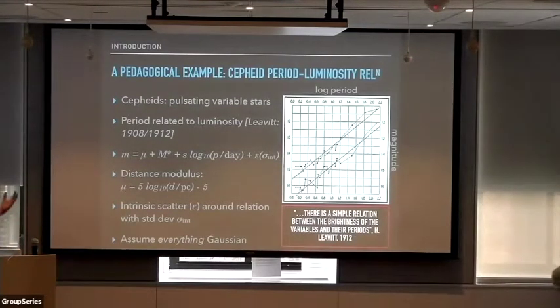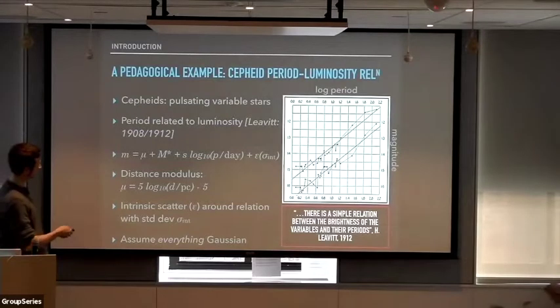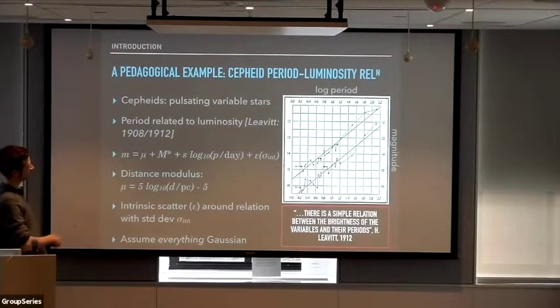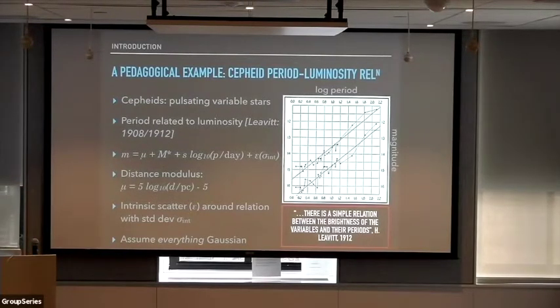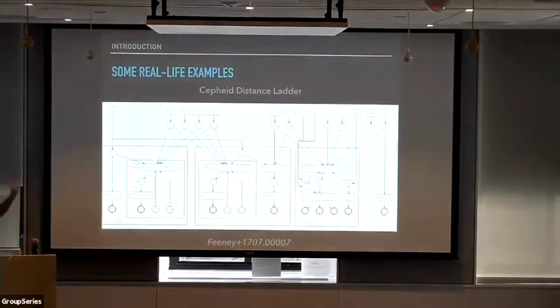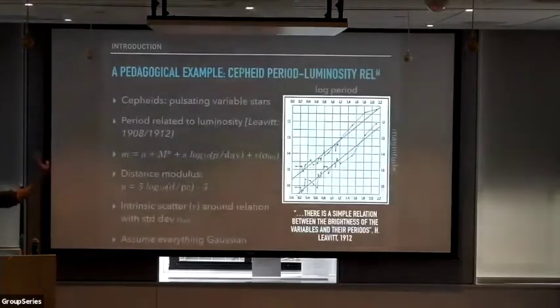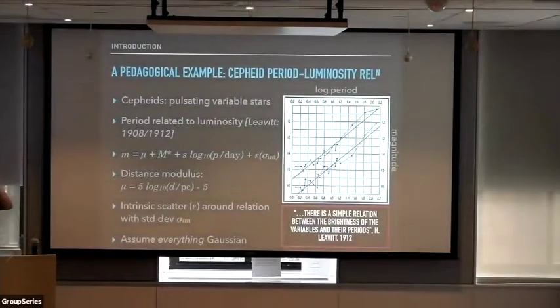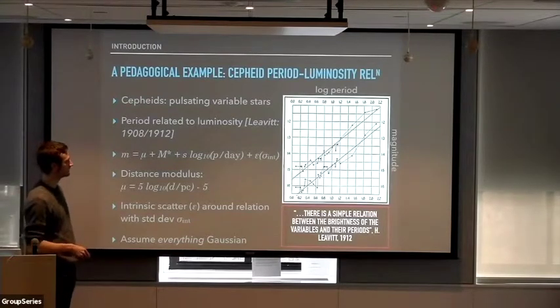For the non-stellar astrophysicists in the audience, the distance modulus is essentially the logarithm of the distance. This is actually encoded in this stuff here, but we're going to do a very simple version of it. Like I said, we're going to do a Gaussian intrinsic scatter, and in fact, we're going to assume that everything about this model is Gaussian.